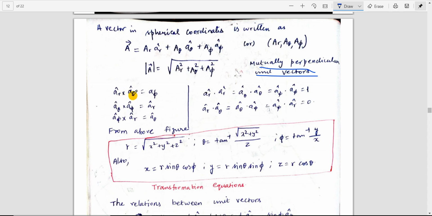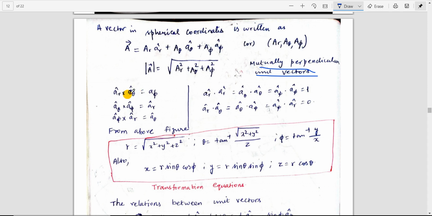If you are making the cross product, then the other vector will be generated. So ar cap and a theta cap, if they are cross producted, then the other vector a phi can be generated. Why? Because this is ar a theta into sin theta.